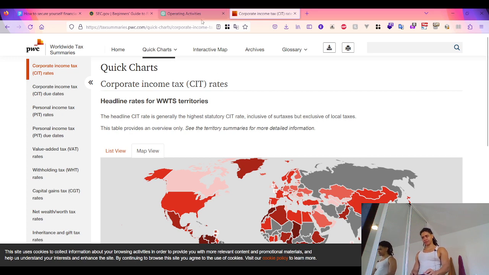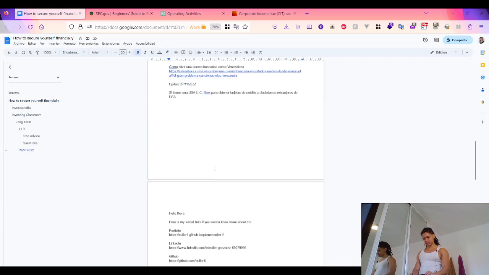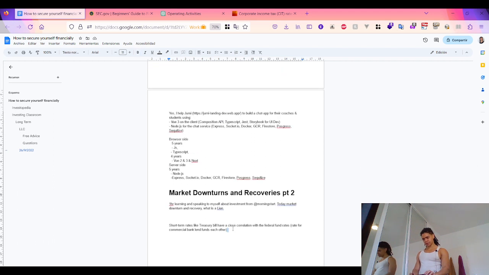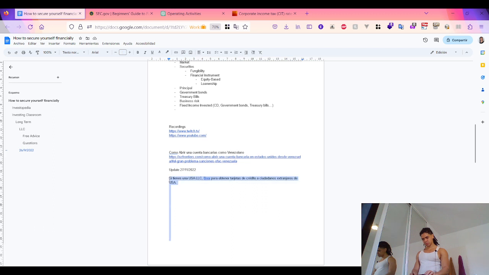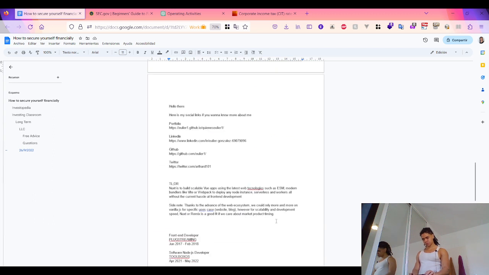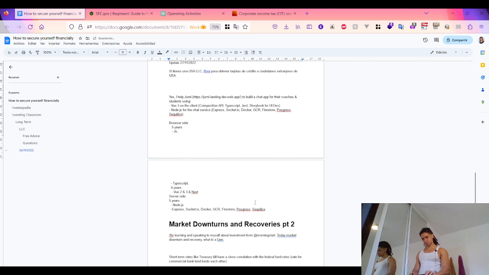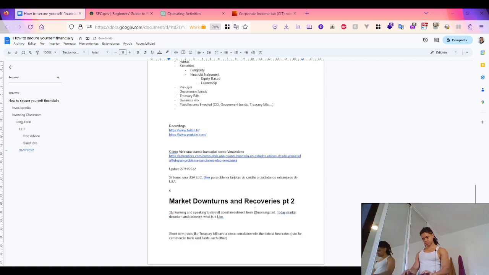Corporate income tax rates. Holy fudge. Corporate income tax rates.